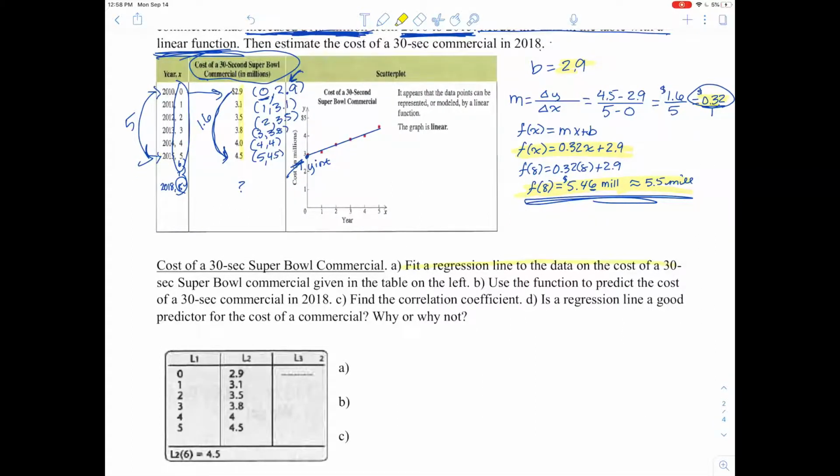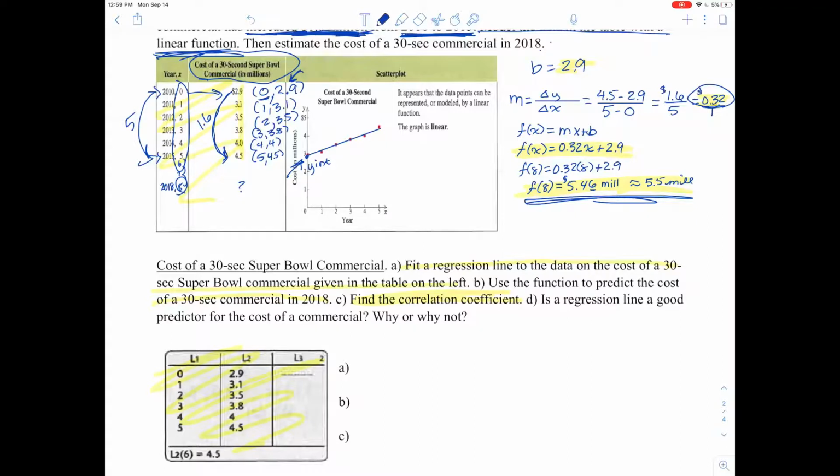It says fit a regression line to the data on the cost of a 30-second Super Bowl commercial given the data on the left. Well, that's this data right here, which is the same as this data, just written in list 1 and list 2. It says use the function to predict the cost of a 30-second commercial in 2018. Find the correlation coefficient. So we're going to have to look for that. And then answer the question, is the regression line a good predictor?